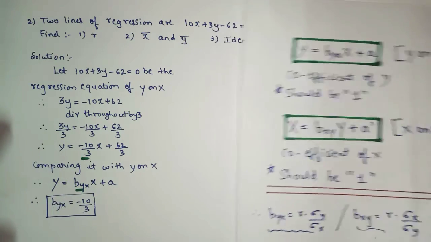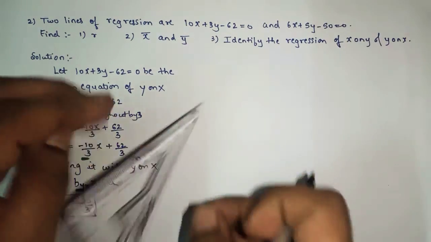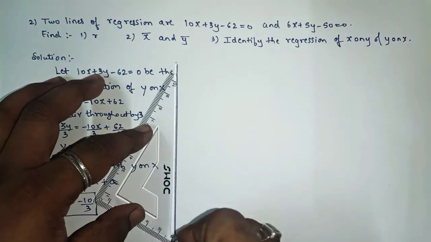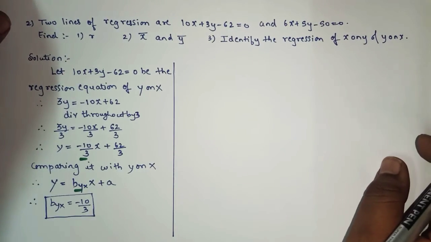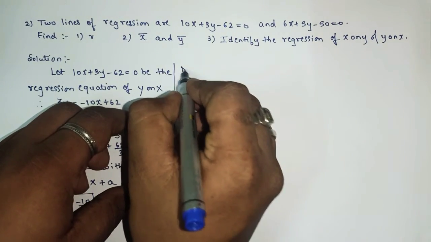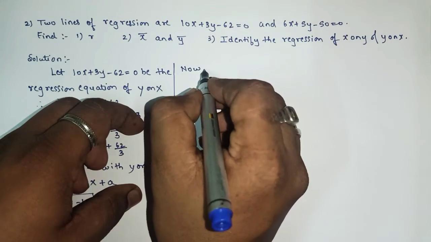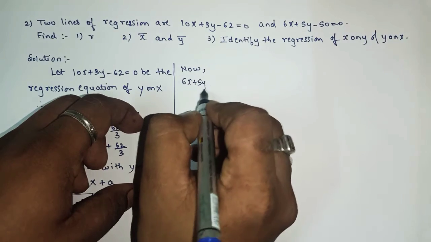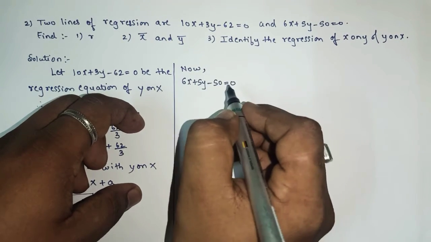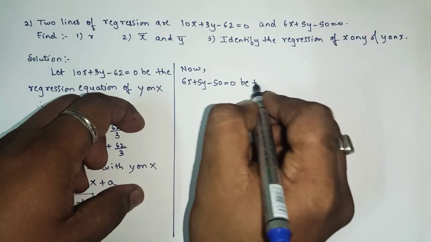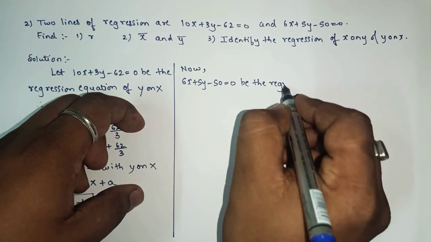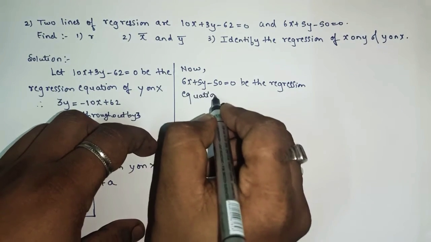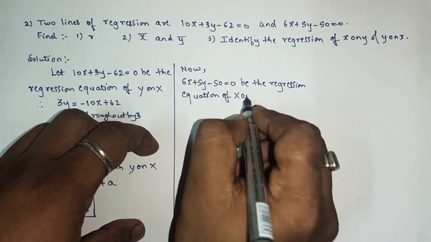Okay, now we'll move on to the next part. Now the second equation is what? 6x plus 5y minus 50 equals to 0 be the regression equation of x on y.